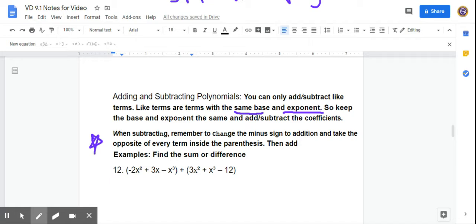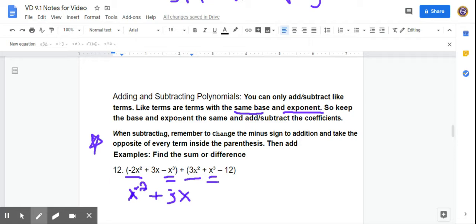So if we're adding like terms in number 12, we have to see which ones are the same. We have -2x squared and 3x squared. Those are like terms, so that's going to be 1x squared. Then we have 3x. There are no other x terms, so you just write down the 3x. Then you have -x cubed and x cubed.